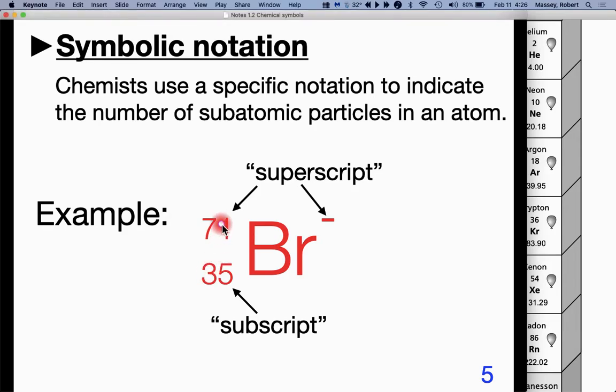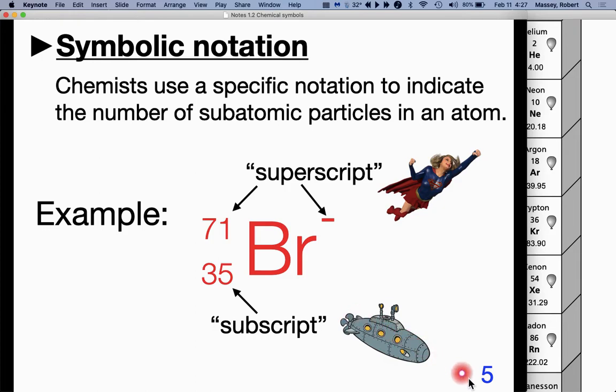So superscript, you can see it's written above the bromine, the capital B here, upper left, and the subscript lower left, upper right. So a good way to remember: superscripts, like Supergirl, flies high, and submarines go low. So subscript is the number written below, superscripts, they're written above.